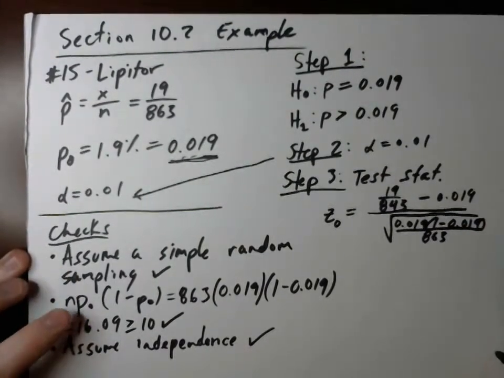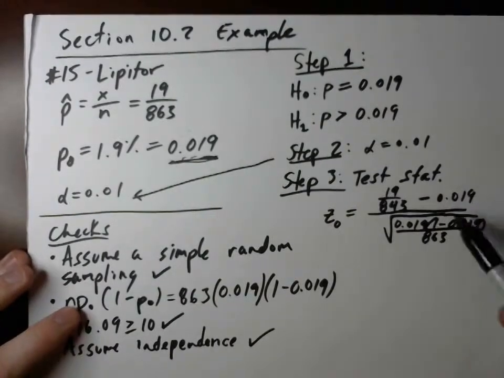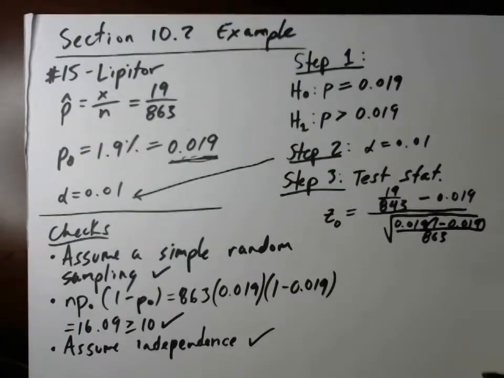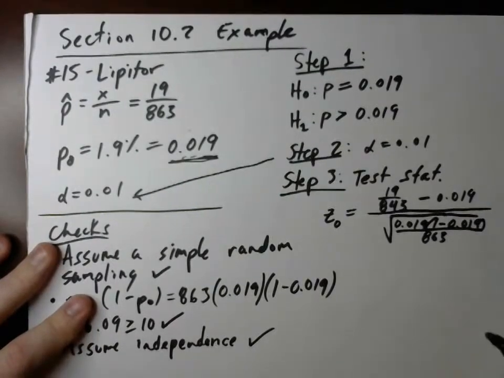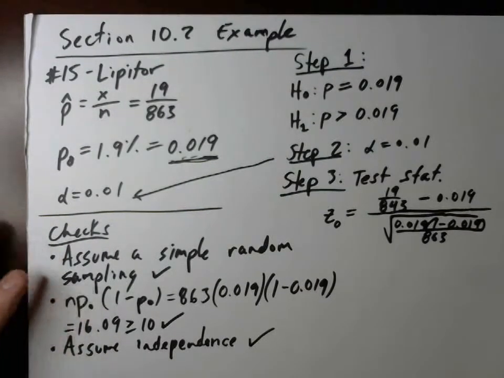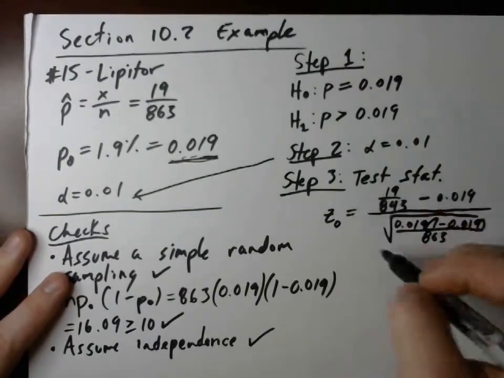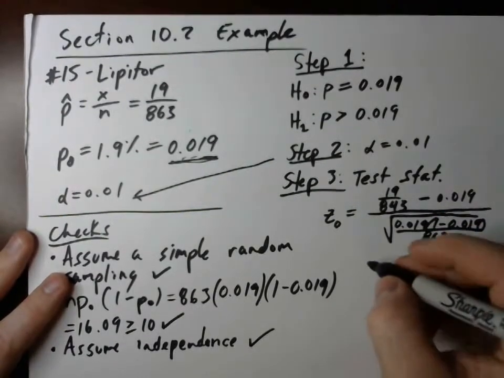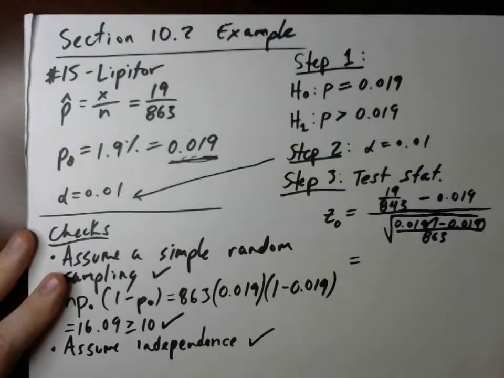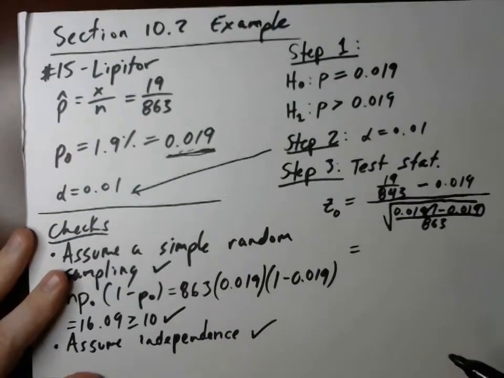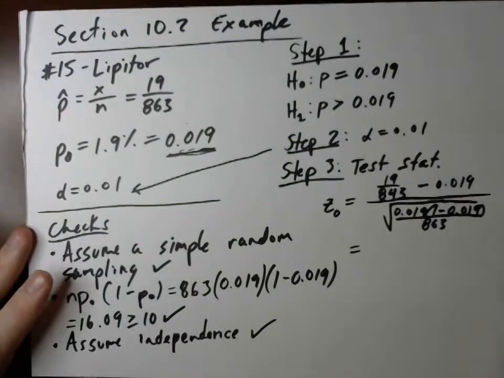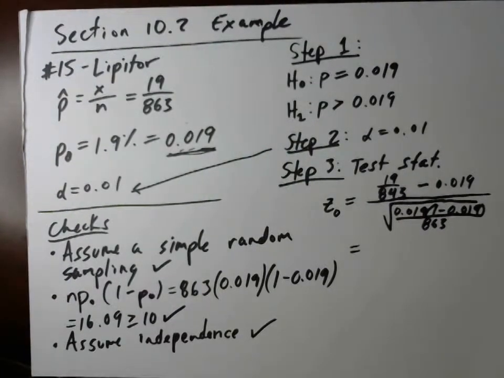All right, if you need help picturing this, it would be good to draw a distribution. I'll do that in a moment on the next page. So 19 divided by 843, minus 0.019.